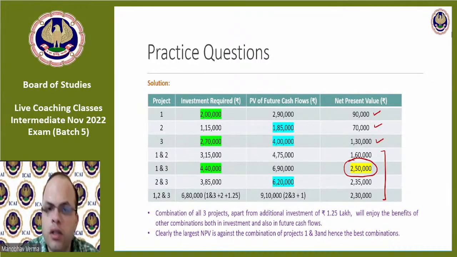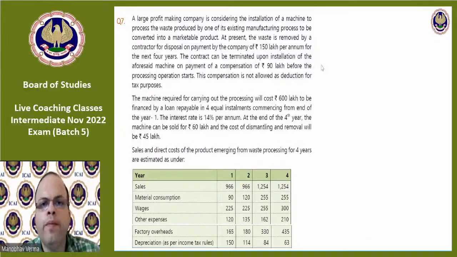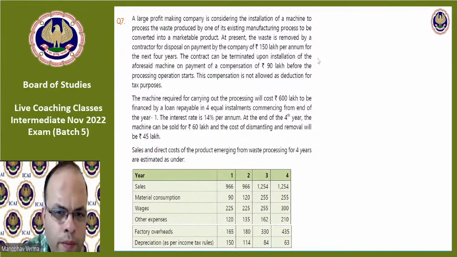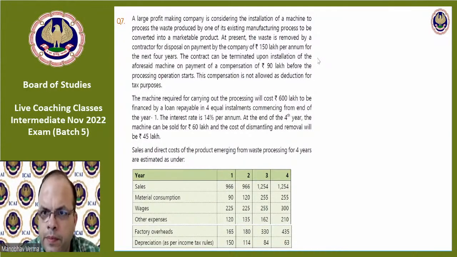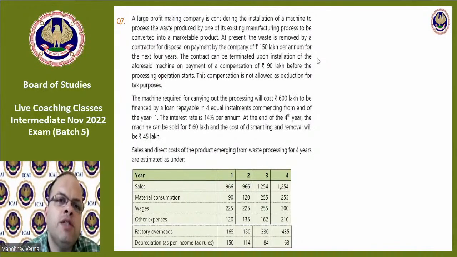The second question I would like to talk about here is the one on the screen now. Now, with this one, we're talking about a large profit-making company considering the installation of a machine to process the waste produced by one of its existing manufacturing processes to be converted into a marketable product.